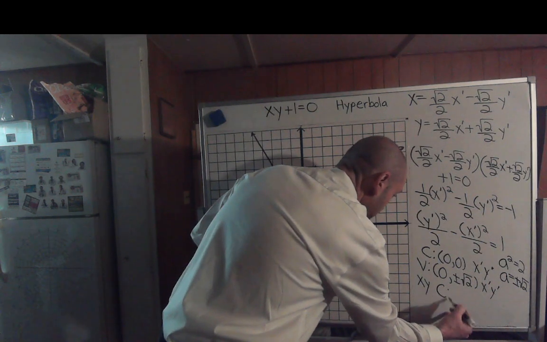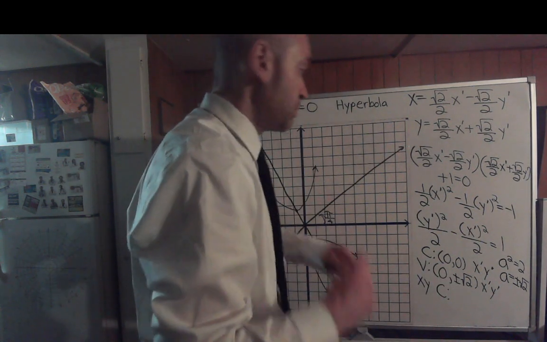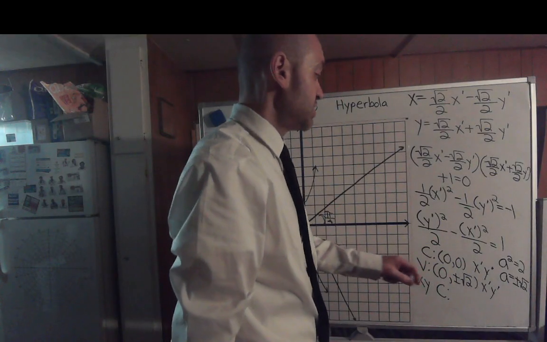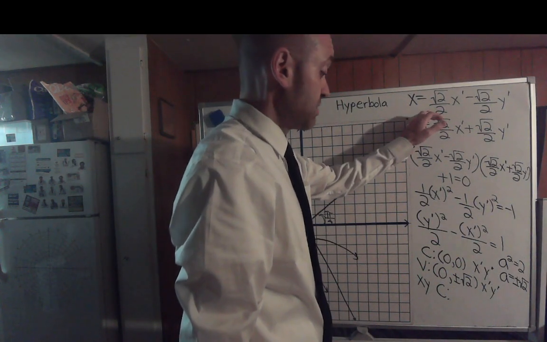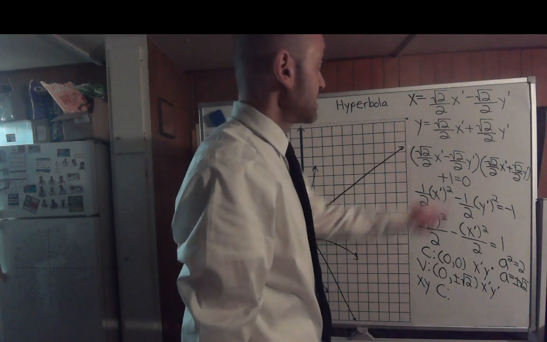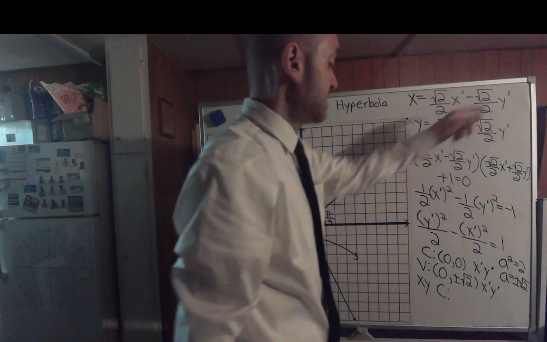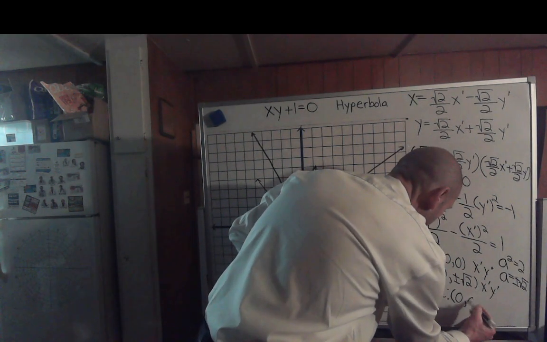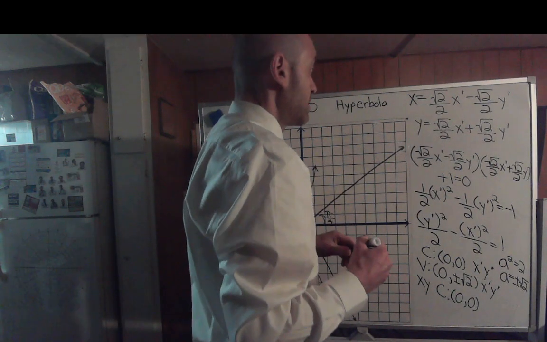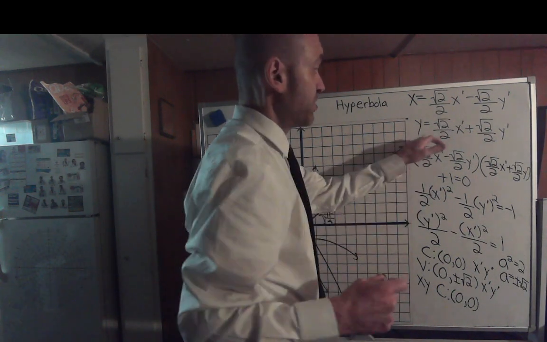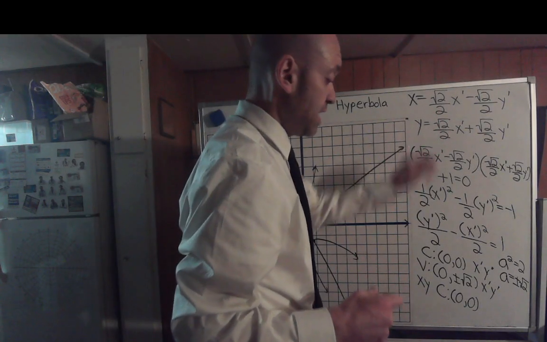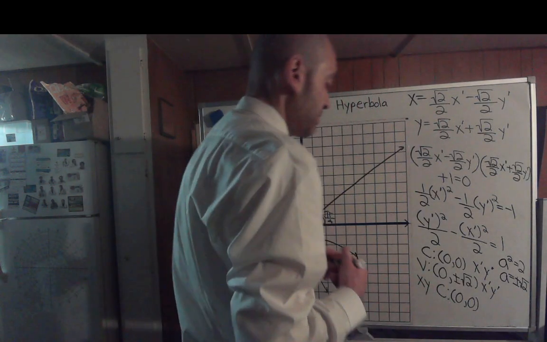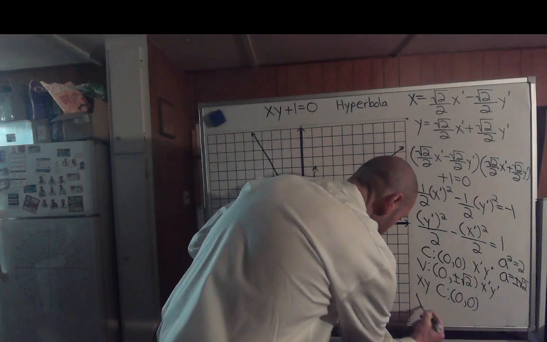The center, all you have to do is take your x and y values, plug those into your values for x and y. So x prime is 0, y prime is 0, the center is also at 0, 0. When you plug both of those values into your x and y values, you'll still get a center at 0, 0, but your vertices are going to change.